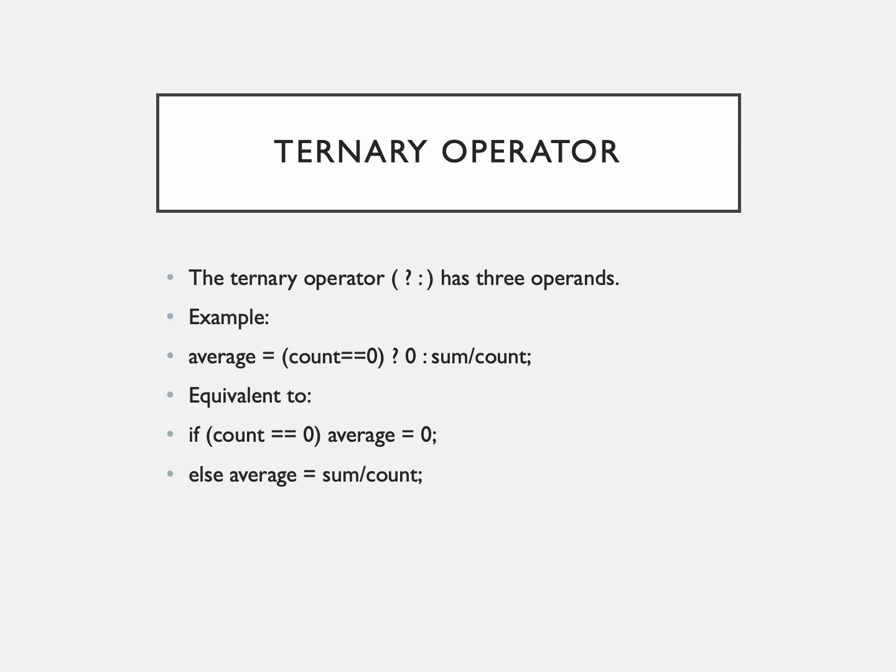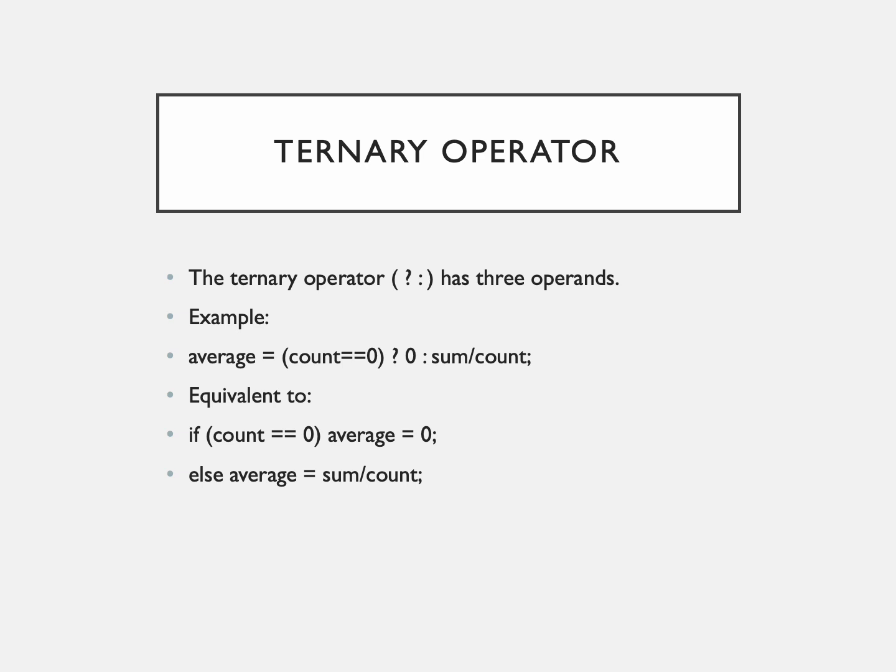Now, understanding the ternary operator: it is the only operator in C, C++ and Java that takes three operands. Its syntax follows this pattern: condition, question mark, expression if true, colon, expression if false, semicolon. This is how it is.